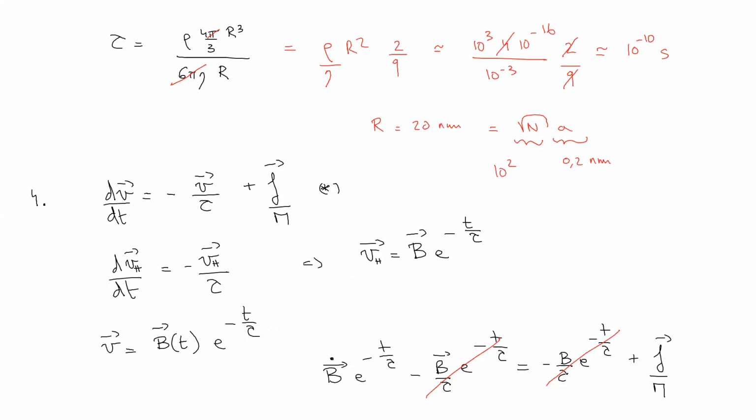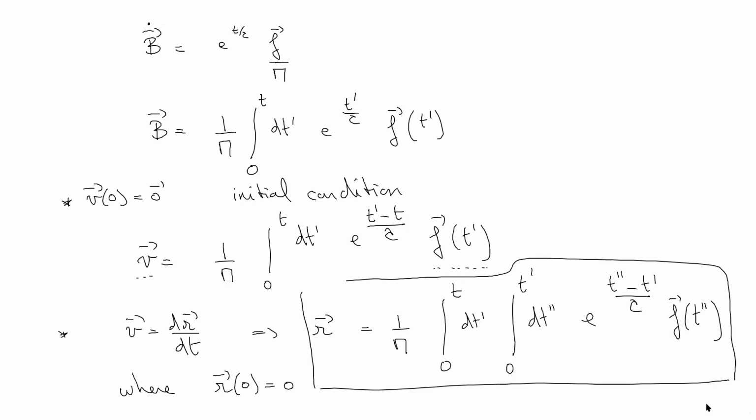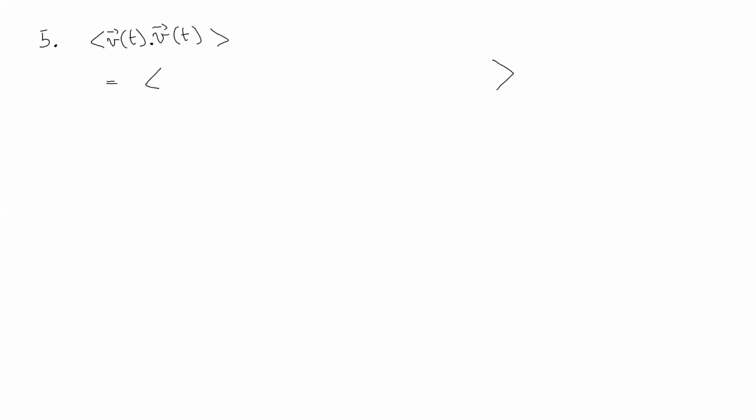So I guess this is question number 5. So here we go. The mean square velocity at time t, well, is simply this object, which is the average of, well, we know already the velocity. It's provided here. So it's 1 over m, so you have 1 over m squared.